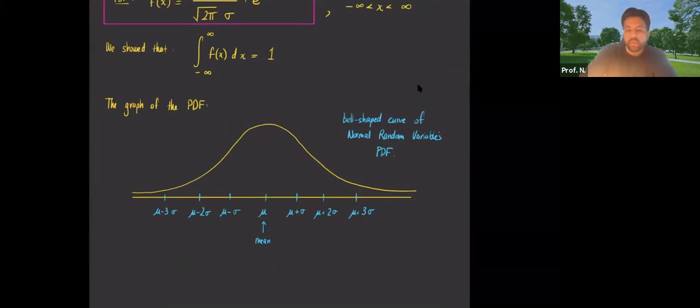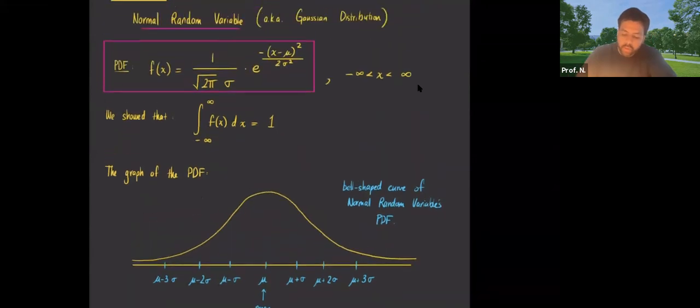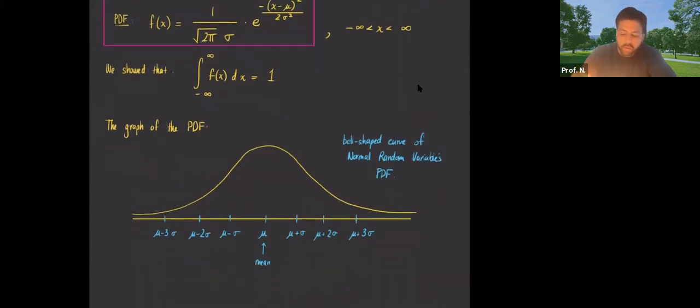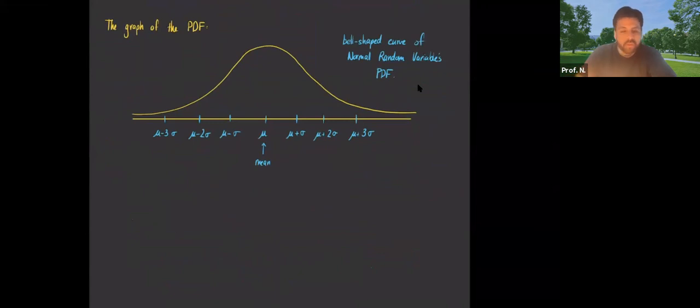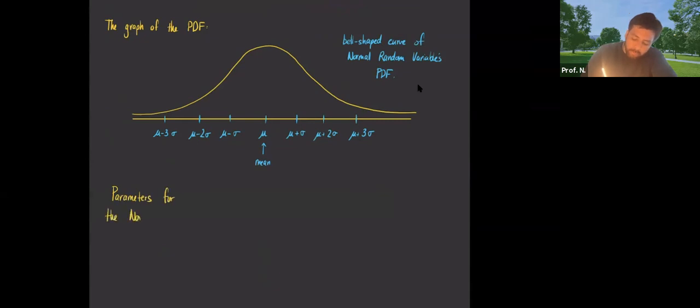So far, so good. This is what we talked about particularly last lecture, last week. We talked about the PDF. We showed that it's an appropriate PDF because if you apply the integration, it equals 1. The graph itself is a very beautiful, symmetric, bell-shaped curve, so the word bell-shaped curve is also associated with the normal random variable. And we also have certain parameters for the normal random variable.